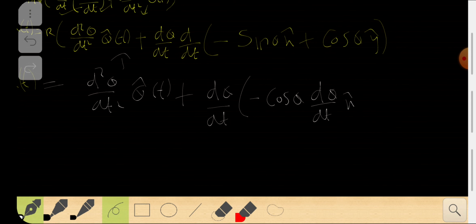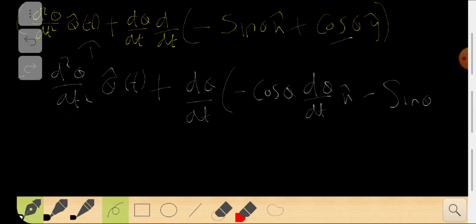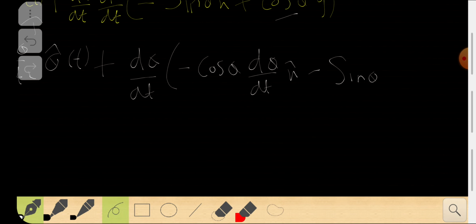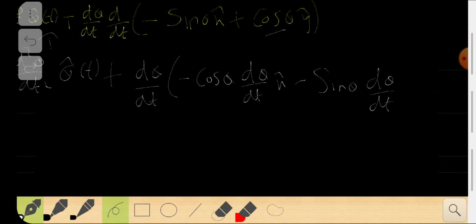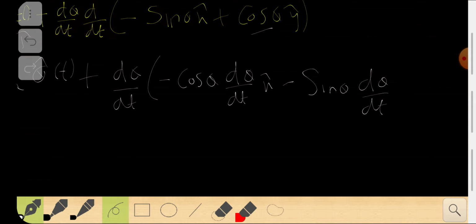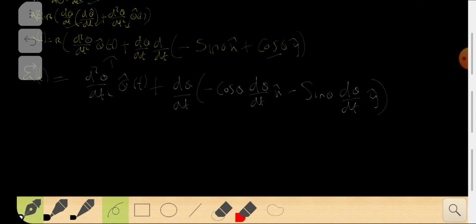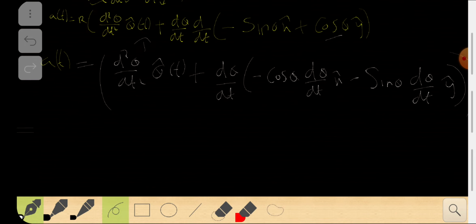And plus cos theta; the derivative of cos theta is minus sine theta, so it's minus sine theta times d theta by dt, which is the chain rule again, since theta is also a function of time, in the y cap direction. The whole thing is multiplied with an r, there is an r outside. So that's what you get.